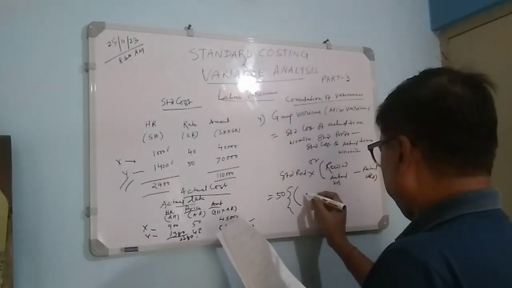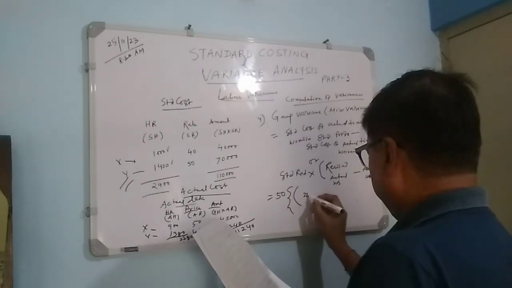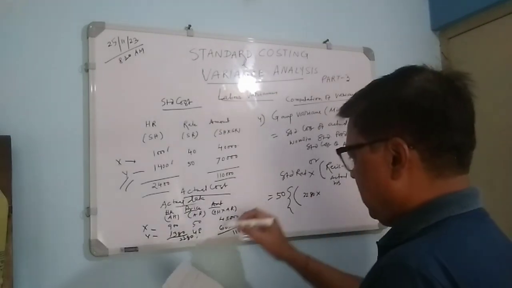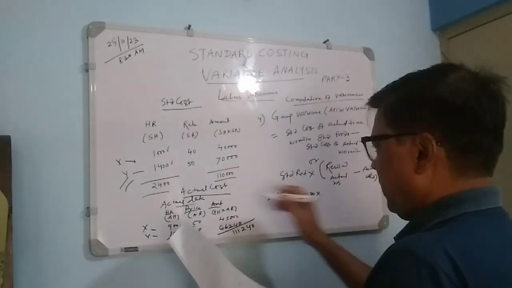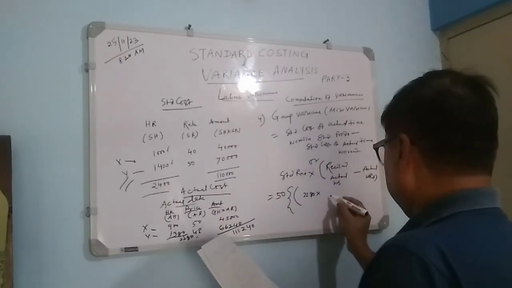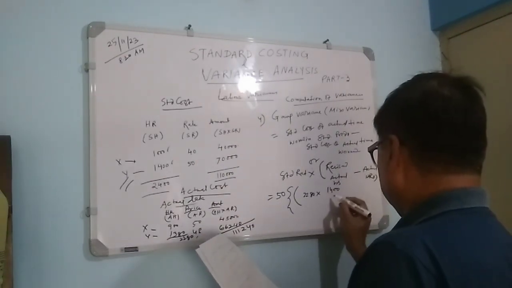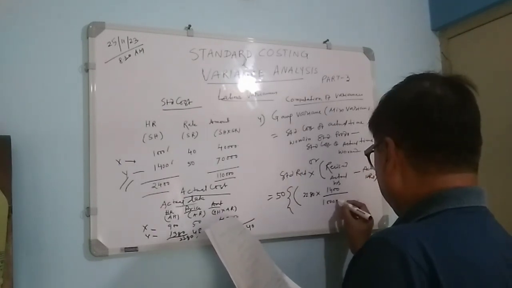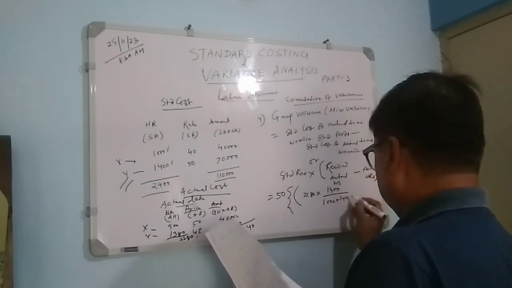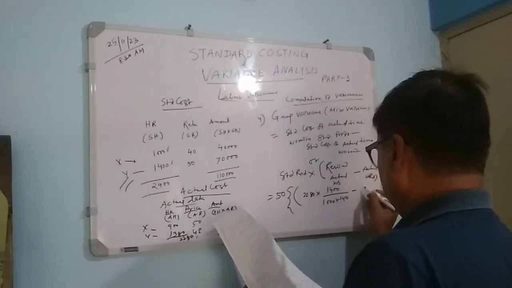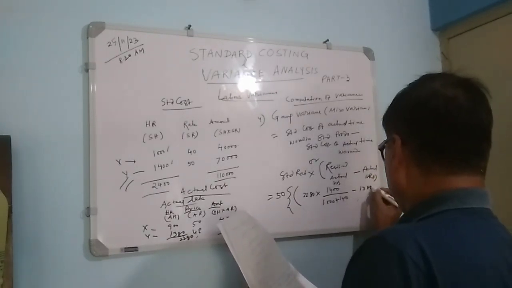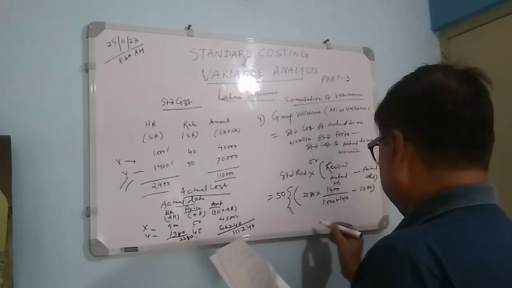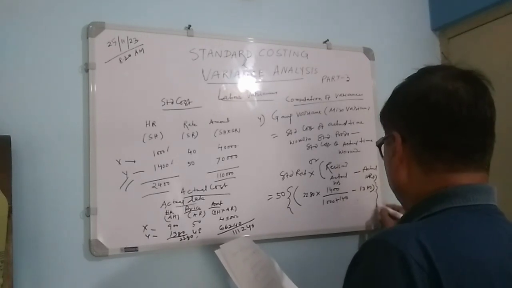Actual hours, that is 2280, into the labor standard hours 1400 by 1000 plus 1400, minus your actual hours, 1380.